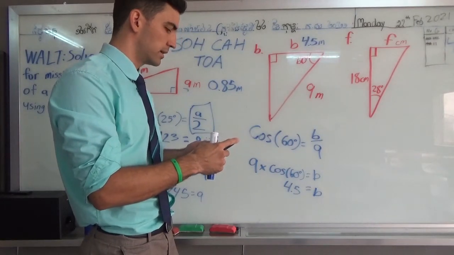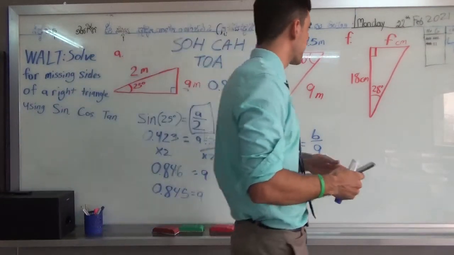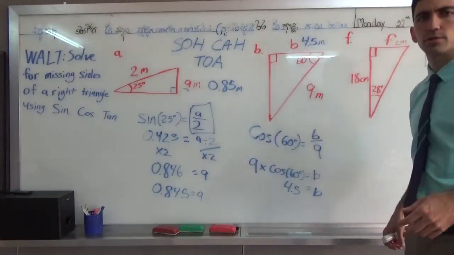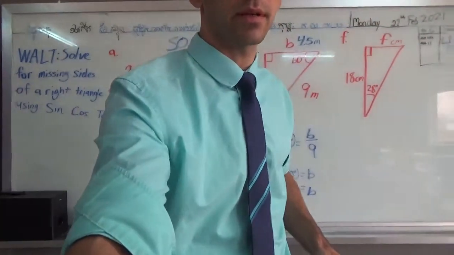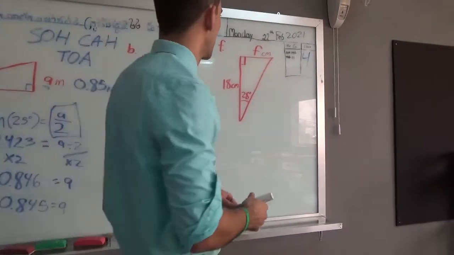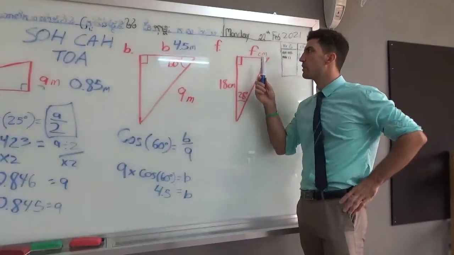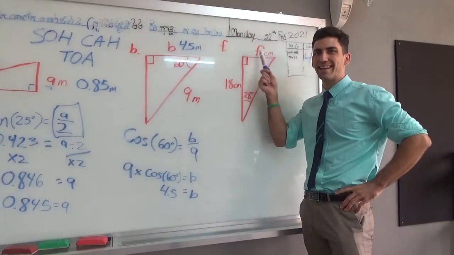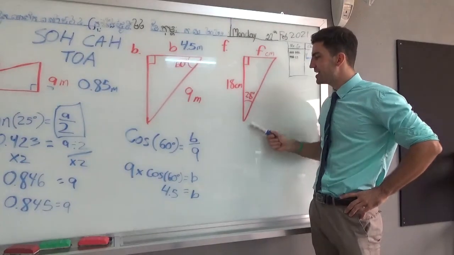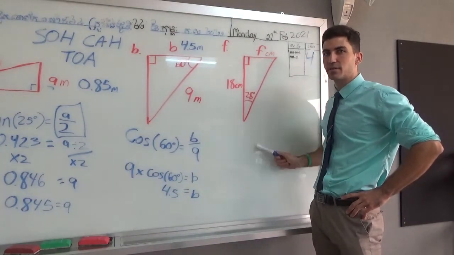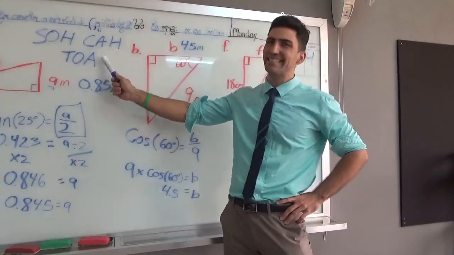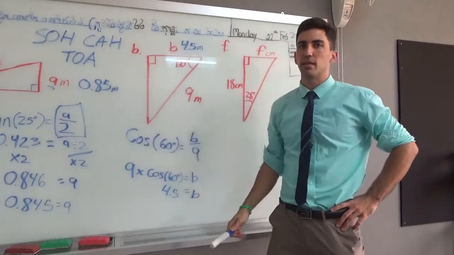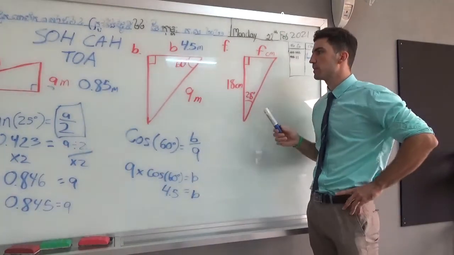Okay. So for our last one, we're trying to solve for F, side F. I see that I do not have the hypotenuse given to me, so I know that tangent is going to be the ratio that I want to use.